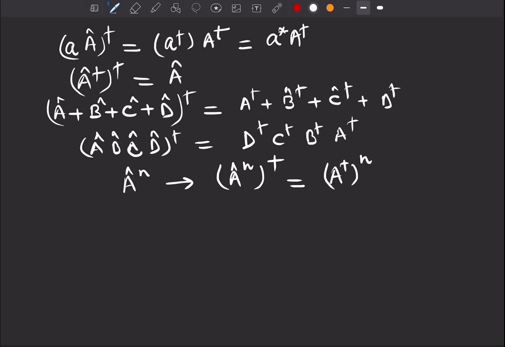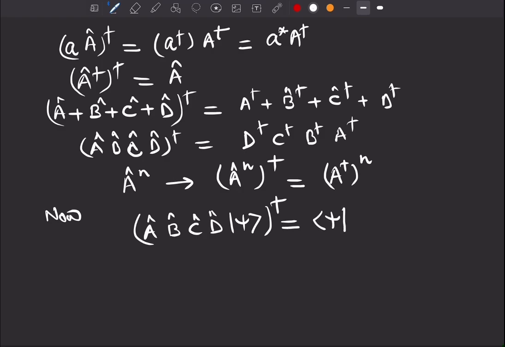Now, further, if the adjoint of the product of operators applied on the ket psi is given, then this can be written as bra psi and the adjoints of the operators in the reverse order, that is D dagger, C dagger, B dagger, A dagger.